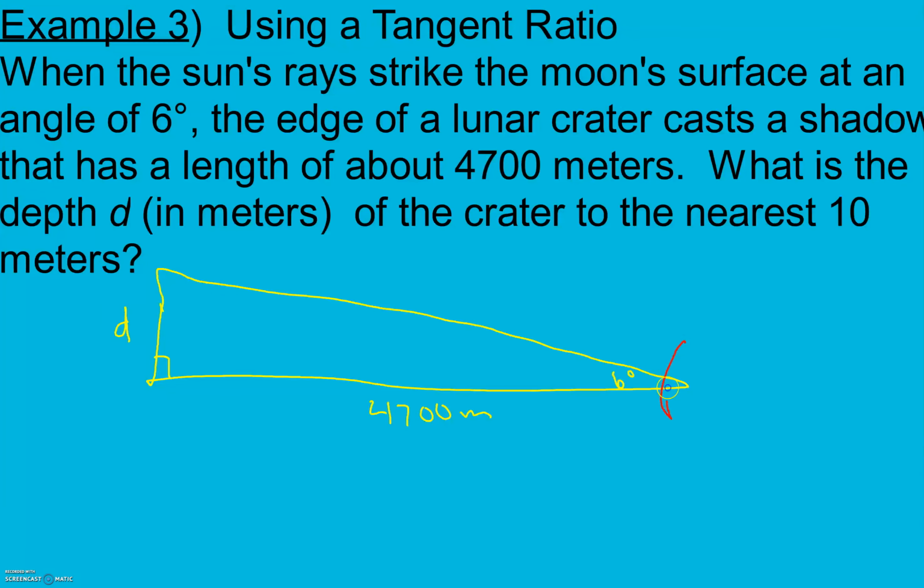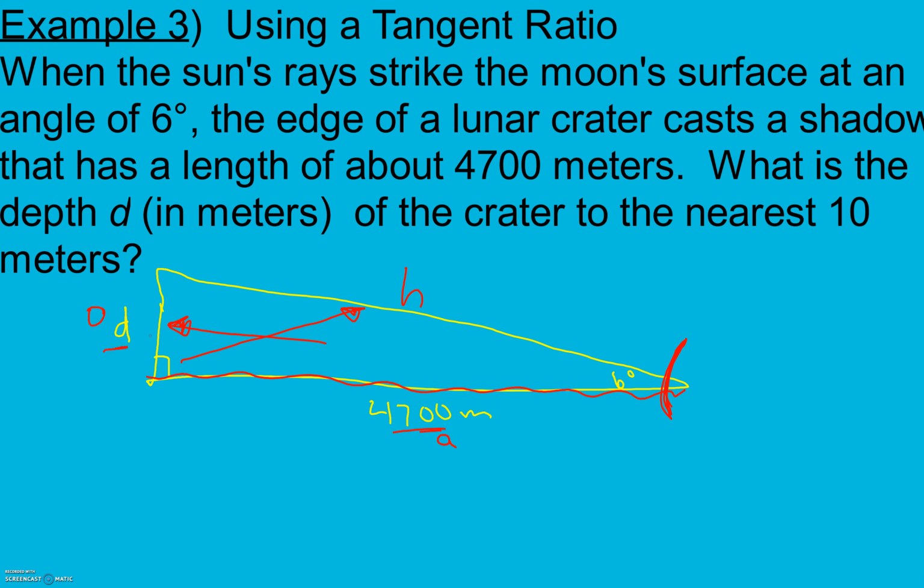So here, if we label our sides from the angle we're given, I have my hypotenuse opposite my 90 degree. From my angle to my 90, so my angle side towards my 90 is my adjacent, and opposite of my 6 degrees is my opposite.